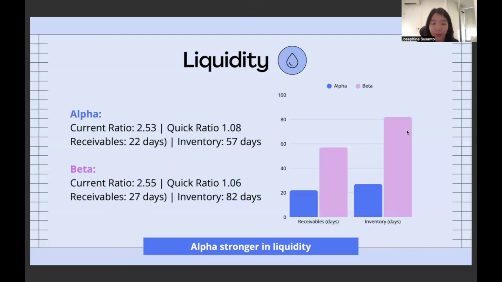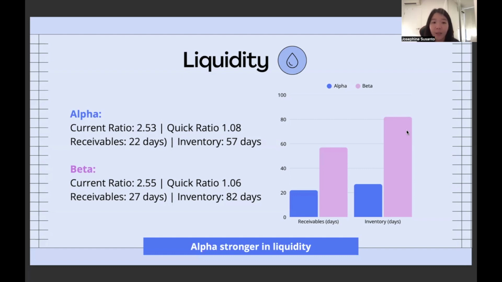Let's start with liquidity, which looks at how well a company can pay its short-term obligations. Alpha has a current ratio of 2.53 and a quick ratio of 108, both healthy numbers above 1. Its receivable turnover shows it collects payment in about 22 days, and its inventory cycle is 57 days, both considered efficient.